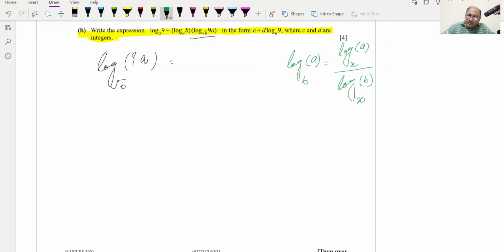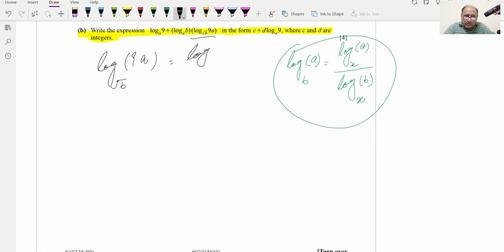So this is basically the rule which we are using to change the base of a log.